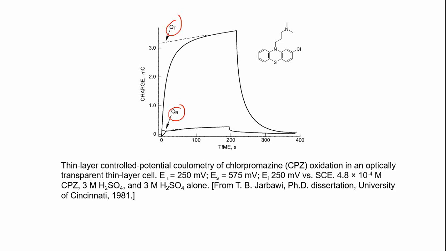The reason is that the ratio of electrode area to solution volume is larger for thin layer experiments, and the charge accounted for may represent a much greater proportion of the total charge. So this helps to take advantage of restricted diffusion experiments and helps us understand the surface phenomena.